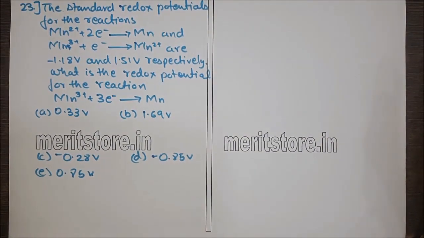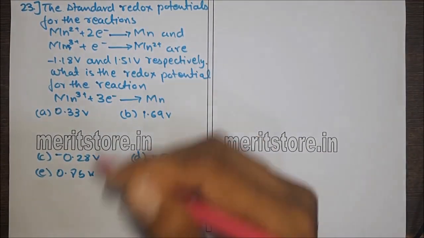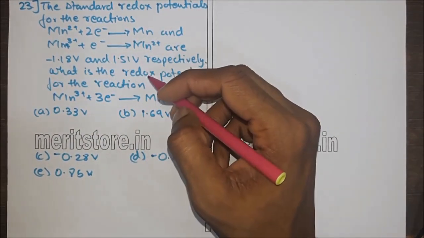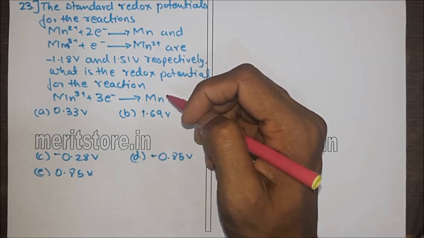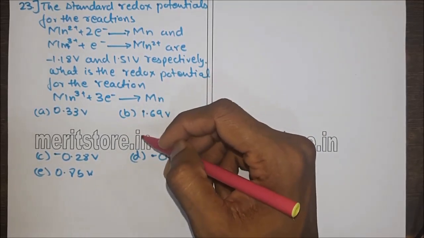Question 23. The standard redox potentials for the reactions given over here are minus 1.18 volt and 1.51 volt respectively. What is the redox potential for the reaction? We are given 5 options over here.